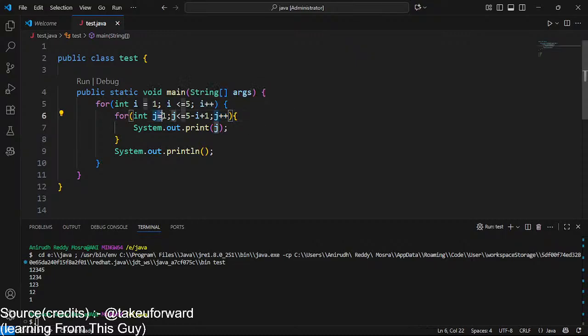And J will be two. Two. Then 5. Then it prints again two. Next 3. Next 4, 5. Until 5 it prints. You can just remember this thing, right? Whatever it is.